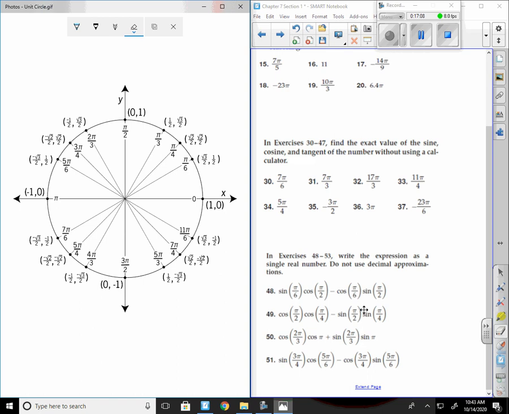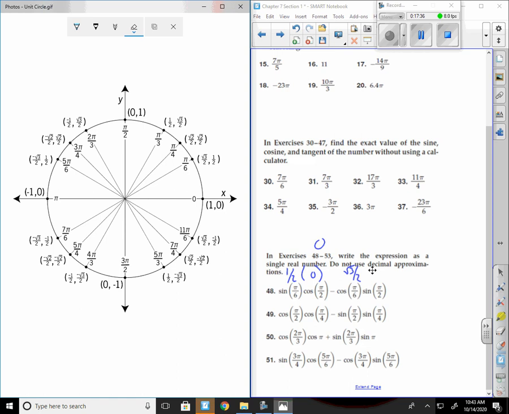All right, I'm going to jump down to number 48 here. People struggled with these ones as well. Sine of pi over 6 is 1/2. Cosine of pi over 2 is 0. What's 1/2 times 0? 0. Cosine of pi over 6 is root 3 over 2.